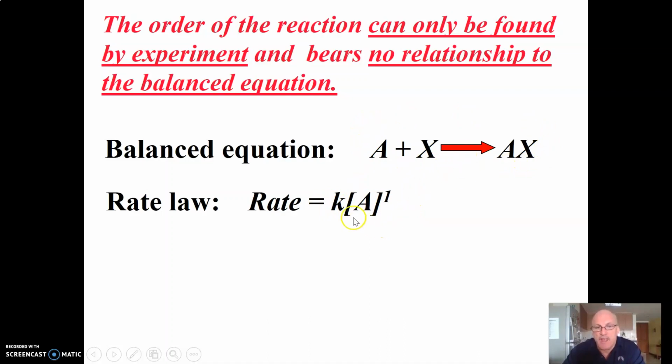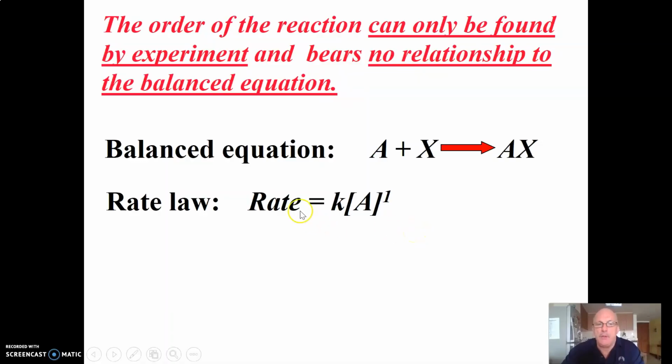And you can see, obviously, there's no X in this rate law, but of course it's one of the reactants. So again, there's no relationship between the balanced chemical equation and the rate law. The only way you can work out a rate law is by doing experiments. The order of reaction can be found only by experiment and bears no relationship to the balanced equation. Get that in your head, okay?